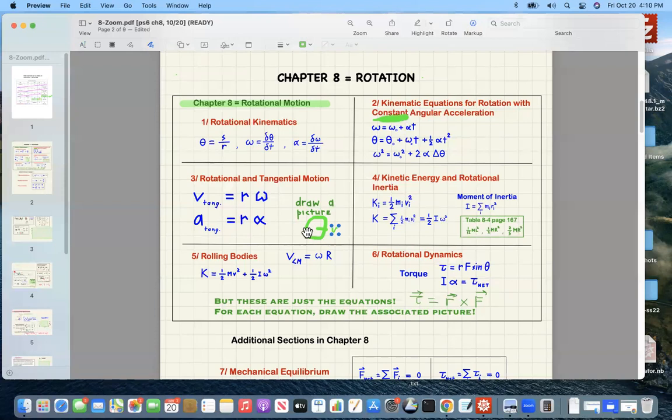Then there's a section on kinetic energy. Well, we know the kinetic energy is 1/2 m v squared for a point moving in space. Now, suppose we had an object moving around. Here's some kind of an object, every point of which is rotating around an axle.